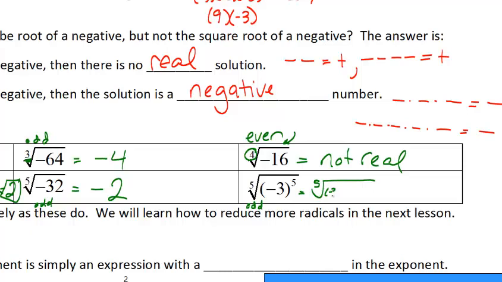So if I have -3 5 times, because I have an odd number of negatives, my answer on the inside of the radicand will just be negative. 3 to the 5th is 243. So we have the 5th root of -243. Now, this is odd, so is it allowed to be negative? Sure it is. And then my answer is -3.